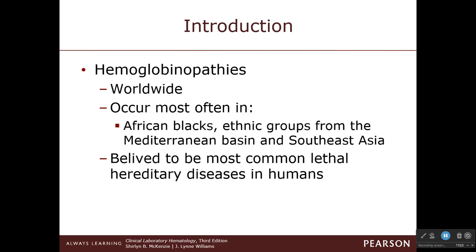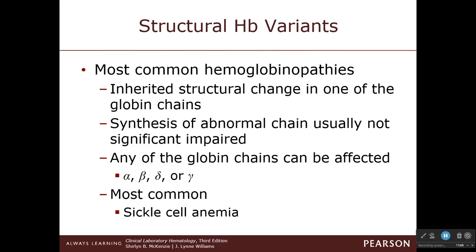Having sickle cell is actually an advantage for some Africans who live in Africa, okay? African blacks, and we'll talk about that in just a minute. It's believed to be the most common lethal hereditary disease in humans, hemoglobinopathies. And the reason it's lethal is because if you can't carry hemoglobin and oxygen like you need to, then you die, right? We have to have oxygen to be able to live, okay?